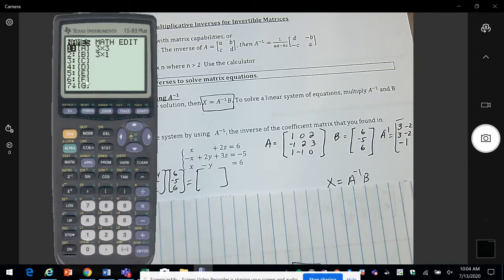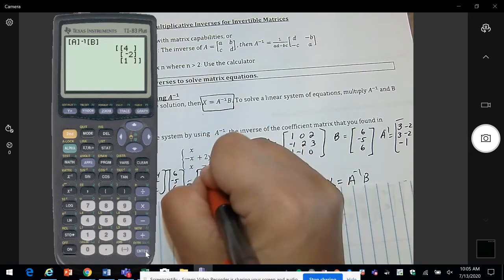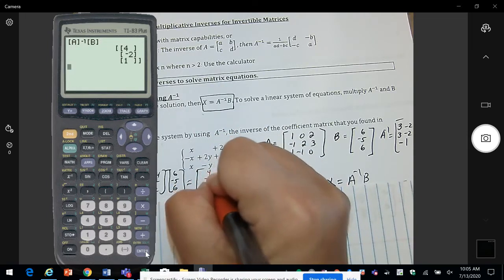So what I want to do is find the inverse of A. Oops. So it's important to quit, second quit. So second matrix, I'm going to call A. And I'm going to find that inverse. And then I'm going to multiply it times matrix B. So we can set it up this way, and then we press enter. And so that comes out to 4, -2, and 1.